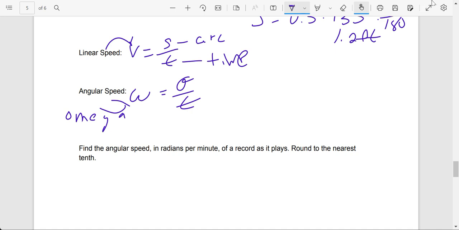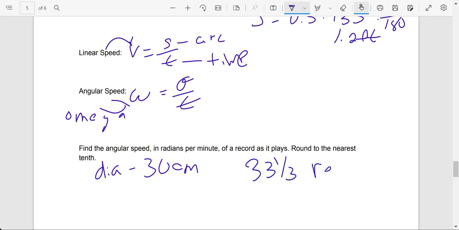Let's say that a vinyl record player has a diameter of 30 centimeters, and the record spins at 33 1/3 revolutions a minute. Okay, and we want to find the angular speed.